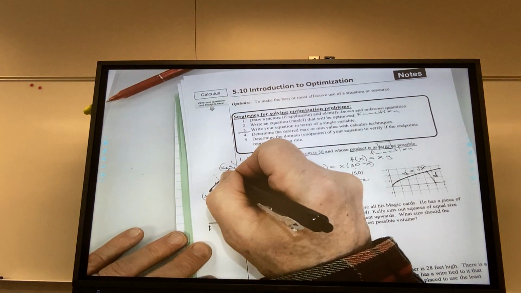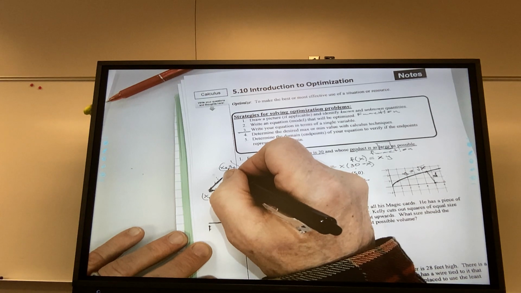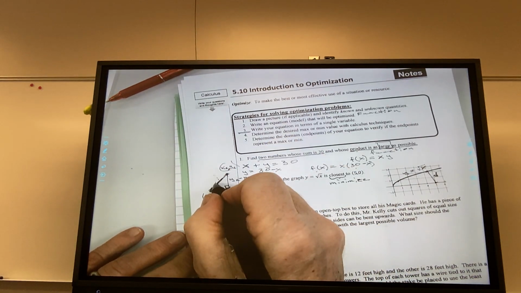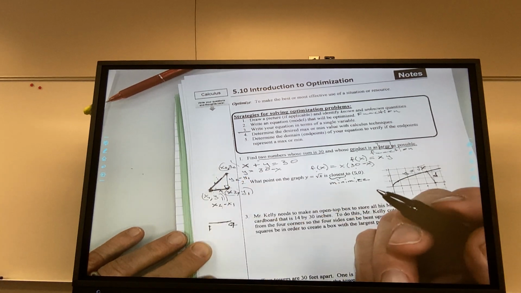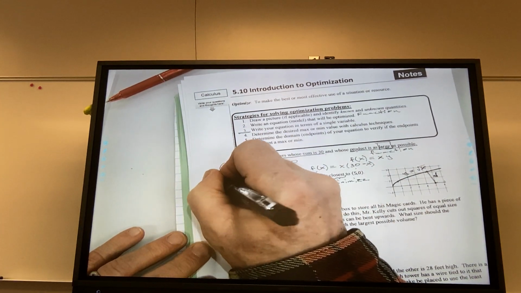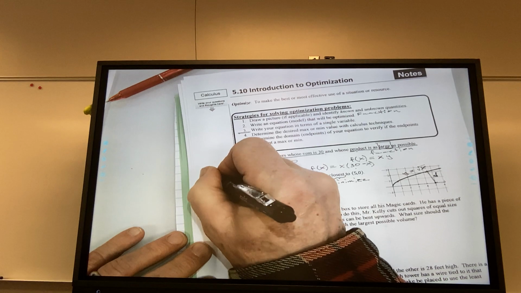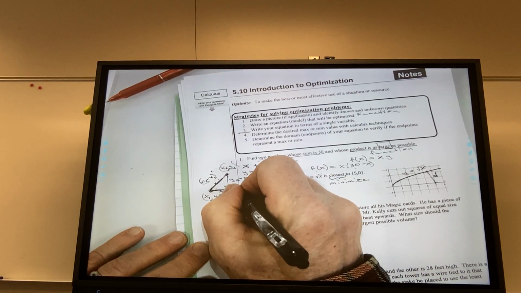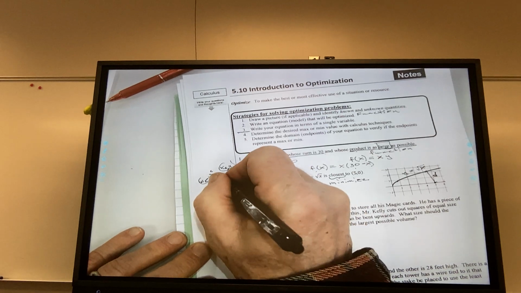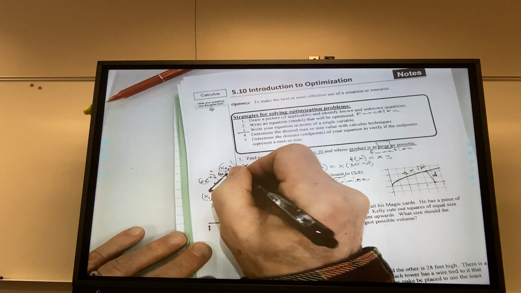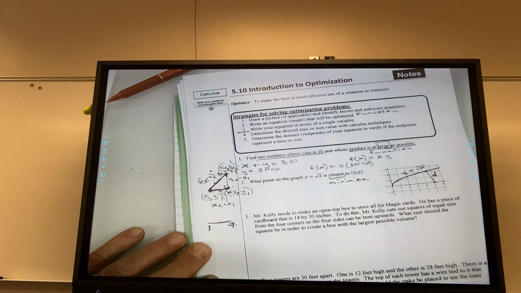Well, this distance is a hypotenuse, correct? What am I going to do with these distances to figure out this distance? Square them. So I'm going to take x2 minus x1, square it, and y2 minus y1, and square it.